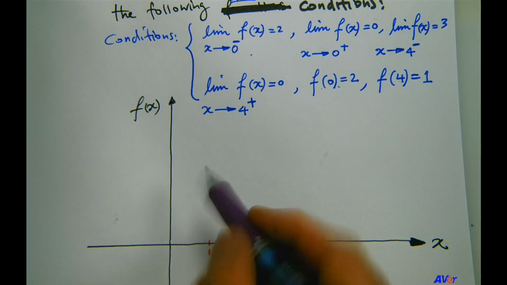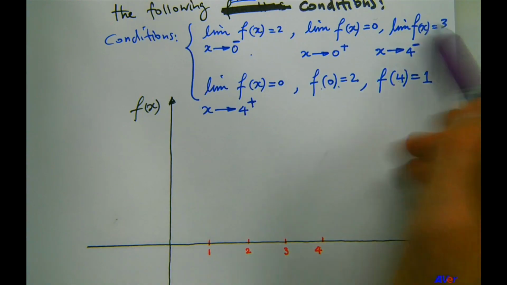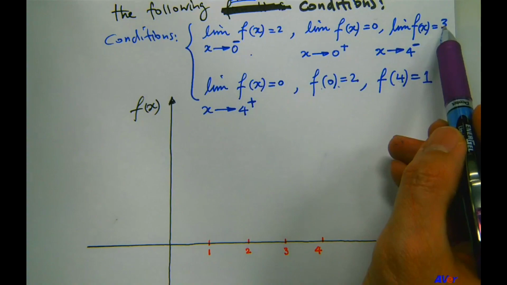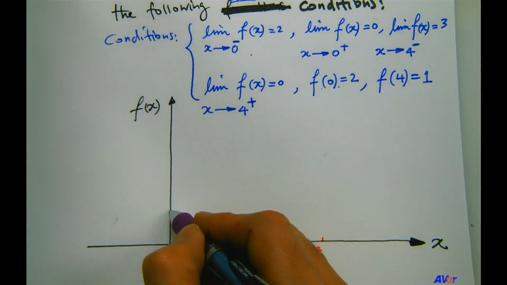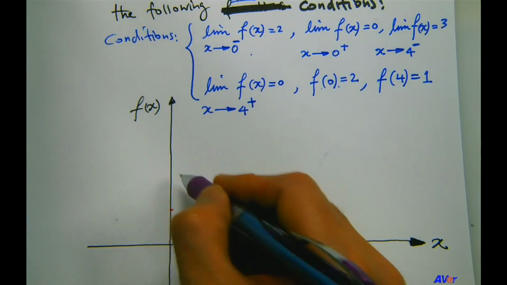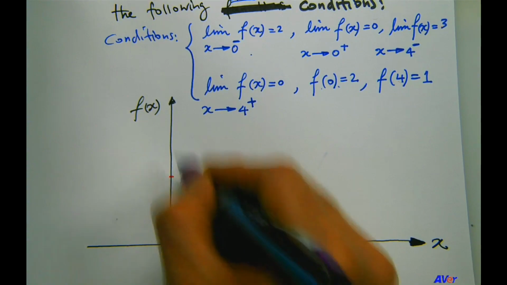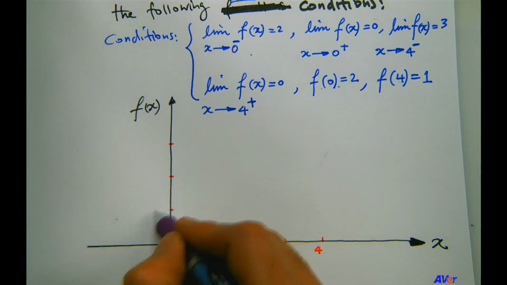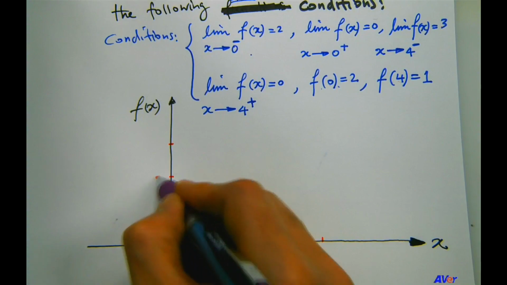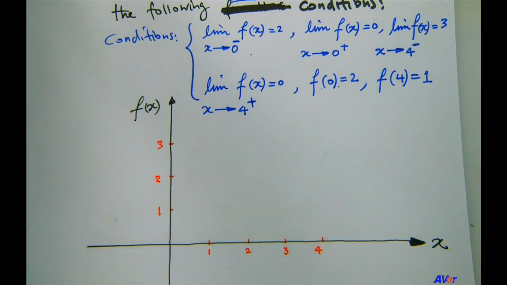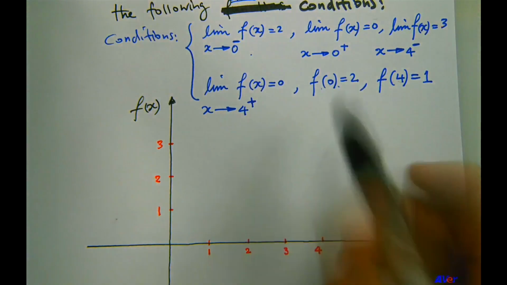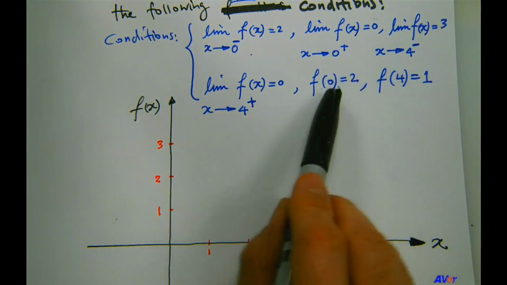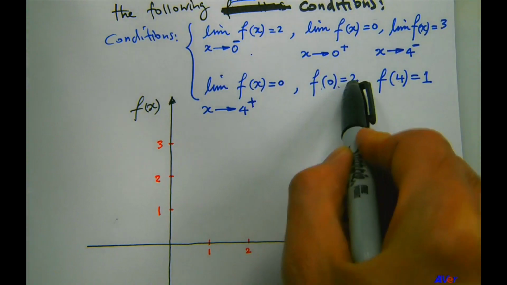And for the function value, the largest value is 3. So I'm going to increment 1, 2, and 3. Like that. Okay, so the first thing is we want to plot these 2 points. So at 0, the function is equal to 2.